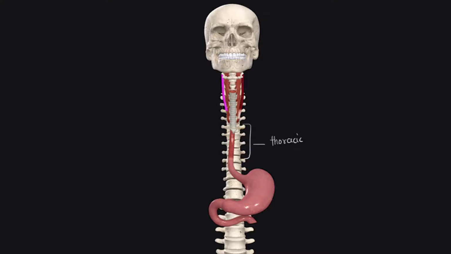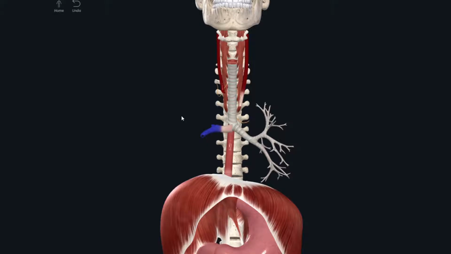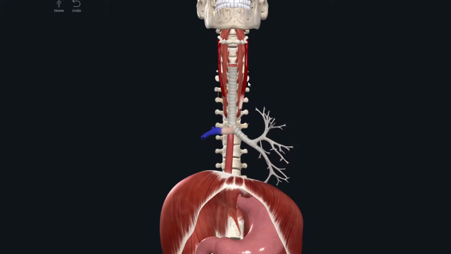Let's move on and observe the thoracic part of the esophagus. The cervical part was relatively easier as compared to the thoracic part because the thoracic part is in relation with a lot more organs, although it is much smaller.